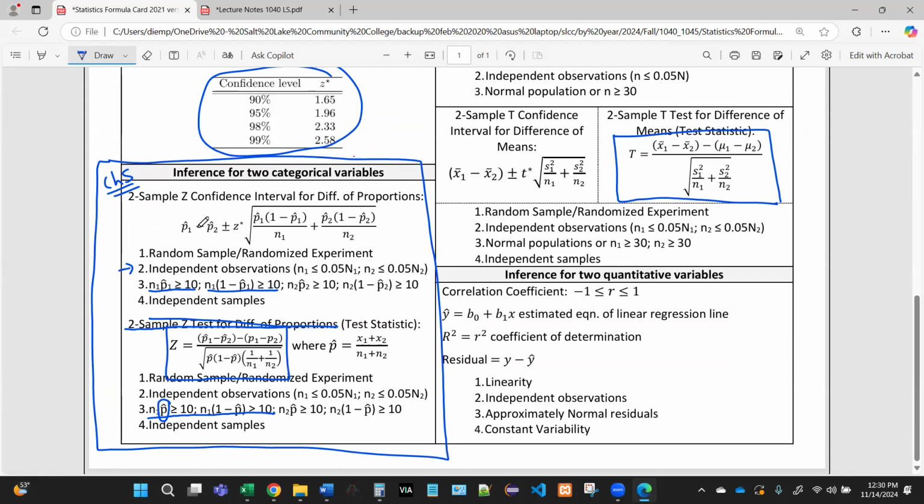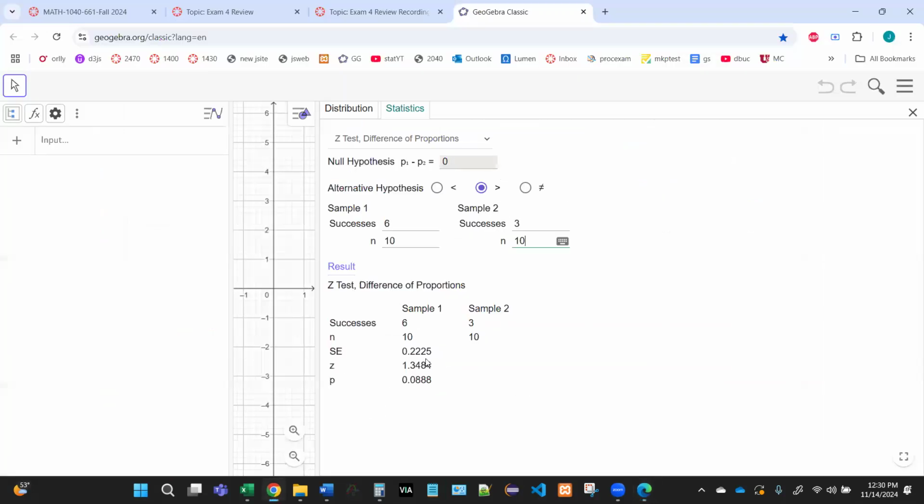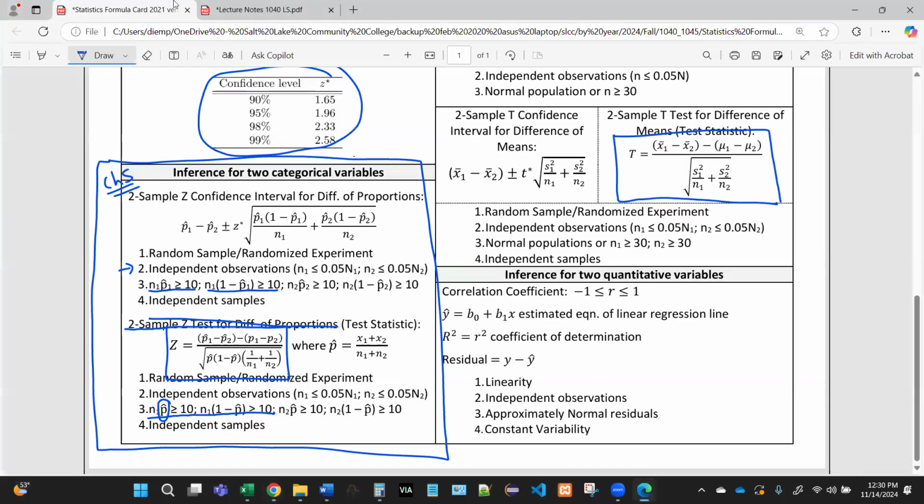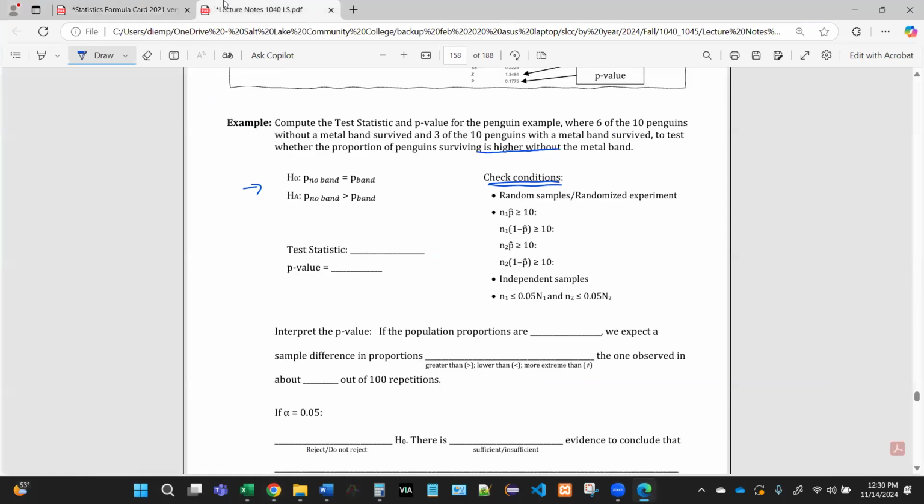So it calculates a z-score, then it looks in the normal distribution and calculates a p-value for us. So we have our z-score, we have our p-value, very similar to other hypothesis tests that we've done. Let's write those numbers down and see what our conclusion is. So the test statistic here is a z-score.